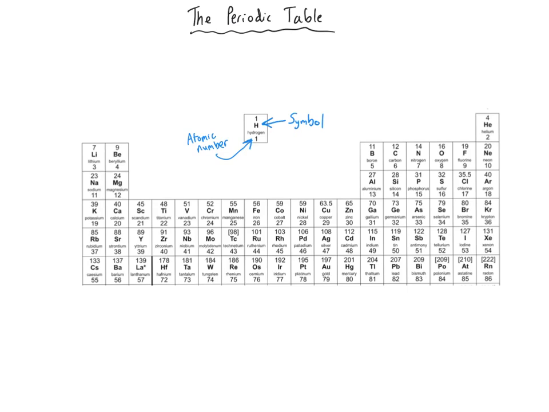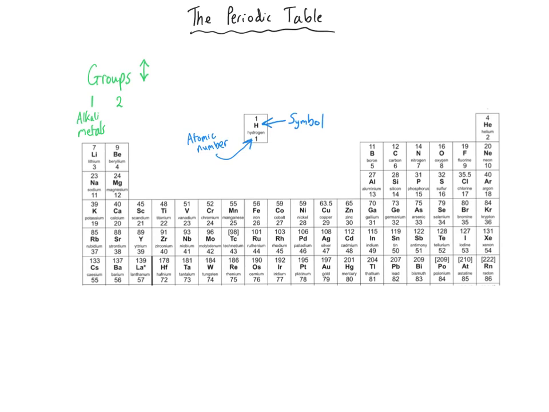Now we can navigate our way around the periodic table by talking about things called groups. Groups are the columns in the periodic table, and the columns are the things that go up and down. And so this here is called group 1, which is also called the alkali metals. Group 2 is the next one along.